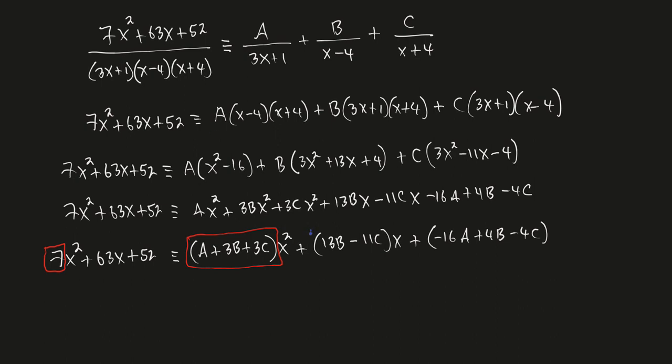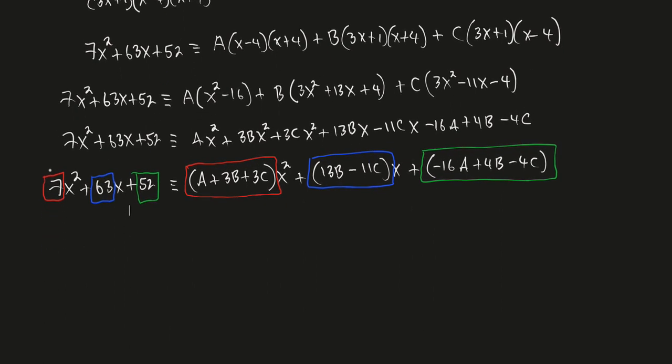Whatever is multiplying the x on this side has to be equal to whatever is multiplying the x on this side. And then finally, whatever the constant is on this side, that's equal to the constant on this side. So what that gives us now is a system of linear equations.